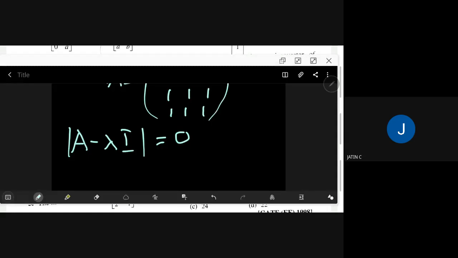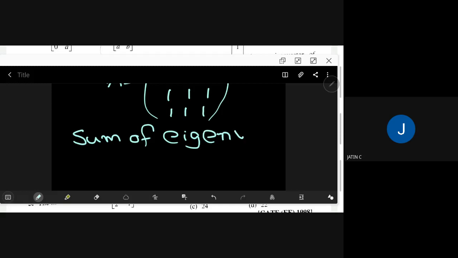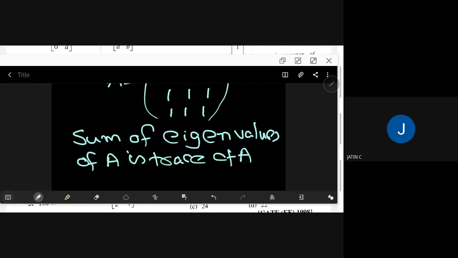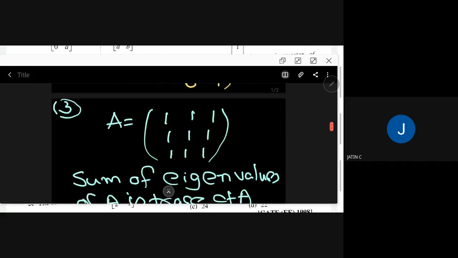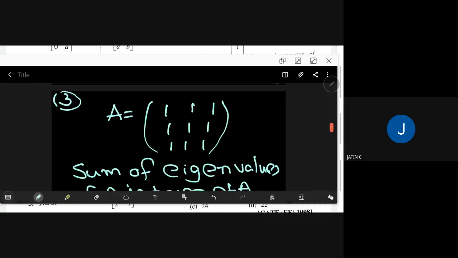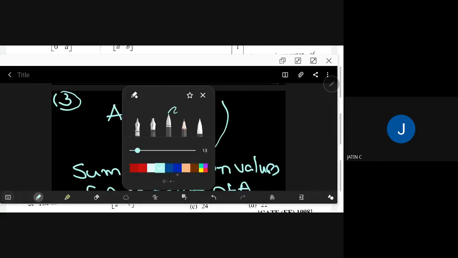The property is that the sum of eigenvalues is the trace of A. Here trace means the sum of the principal diagonal elements.